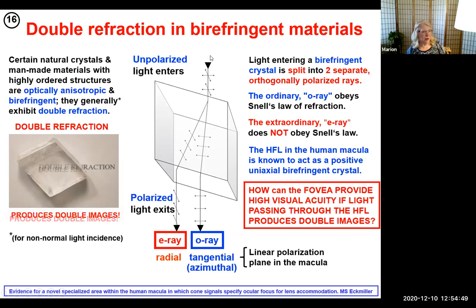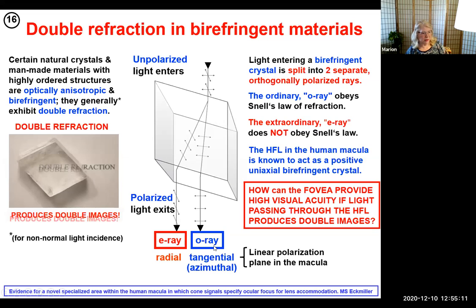In the center here is a birefringent crystal. Unpolarized light, when it enters this birefringent crystal, will get split into two separate, orthogonally polarized rays of light. One ray of light is called the ordinary ray.